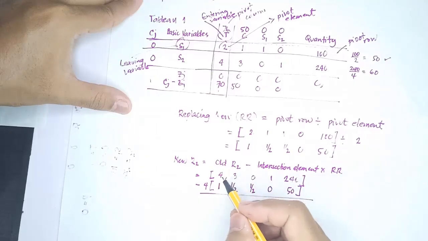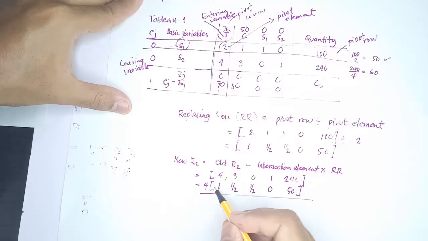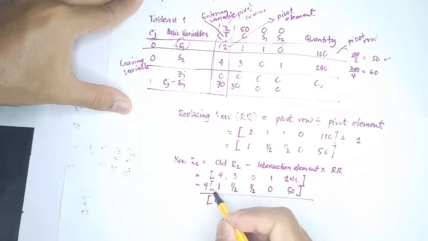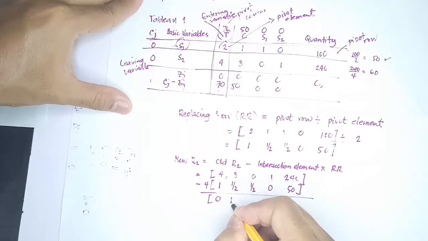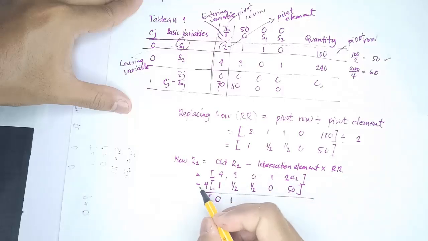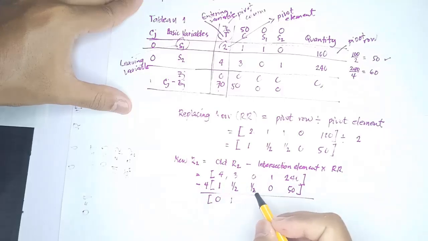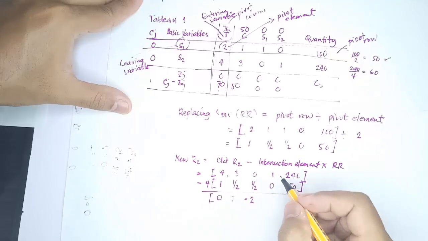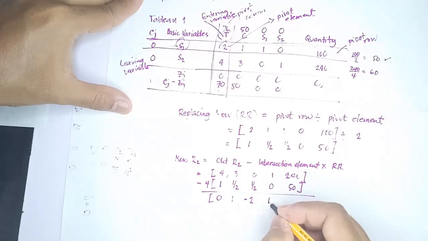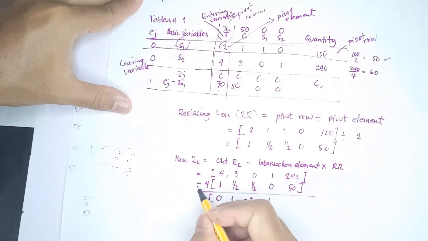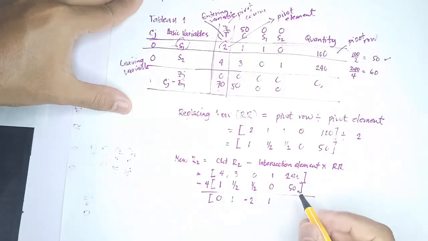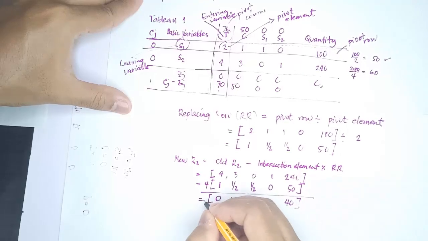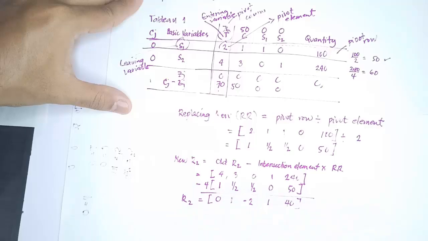The result: 4 minus 4 is 0; 3 minus 4 times 1 half, this is negative 2 plus 3, that's 1; 0 minus 4 times 1 half is negative 2 plus 0, that's negative 2; and 1 minus 0 is 1; 240 minus 200 is equal to 40. So these are the entries of the new row 2.